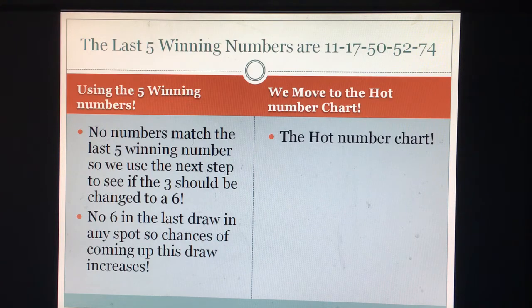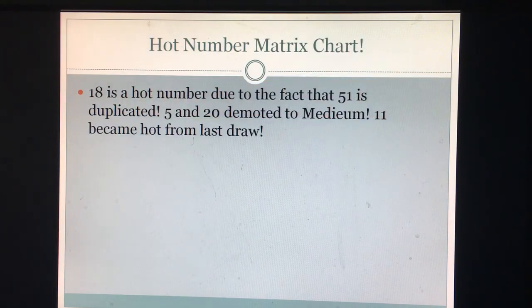We move to the hot number chart to decide whether we keep the 3 or the 6. Looking at the chart, I'll be showing you 18 is a hot number due to the fact that 51 is duplicated. From the last draw, the 5 and the 20 are demoted to a medium number, so it's safe to pick now.